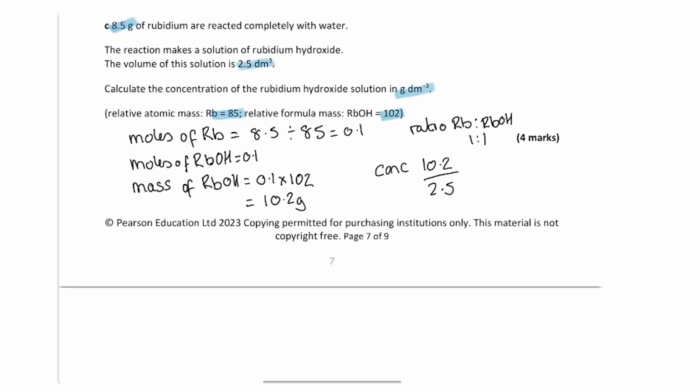Now, there is a clue in the unit because it is grams divided by volume. So find the thing that's in grams, find the thing that's in volumes, and divide them by each other. So your answer is 4.08 grams per decimeter cubed.